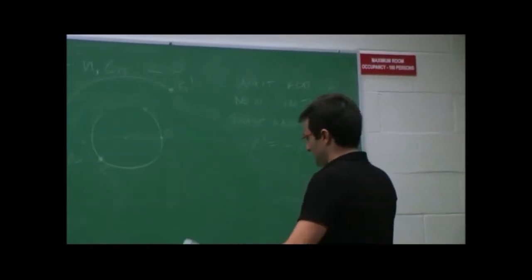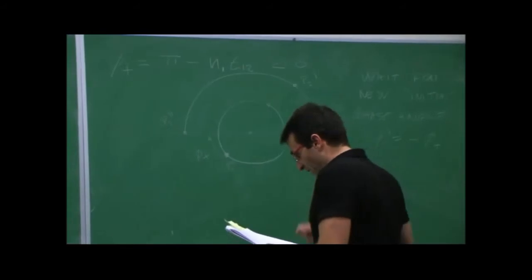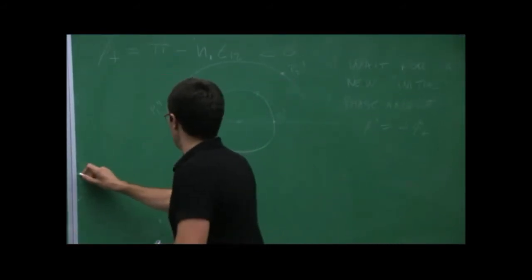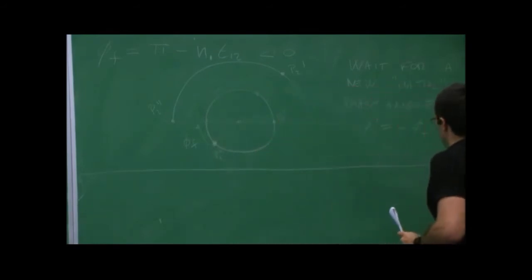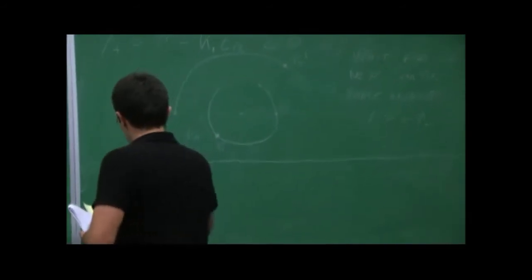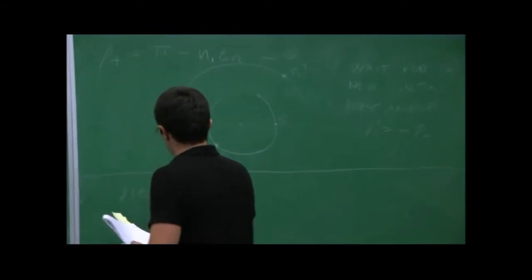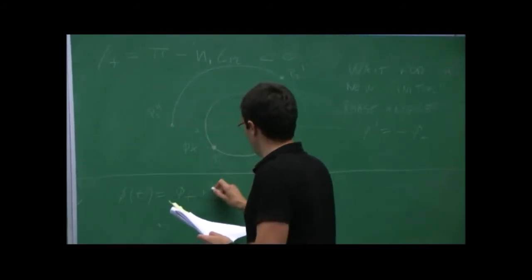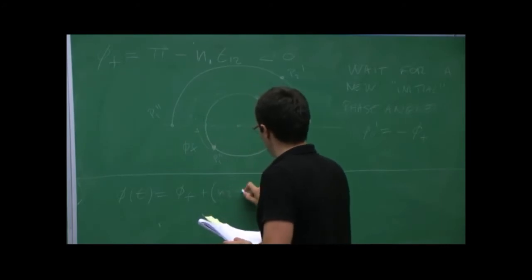If that's what I want, then I go back to my phase angle equation, the general equation was phi as a function of time. Now my new initial condition is phi final, because I'm starting to count from there, plus n2 minus n1 t.